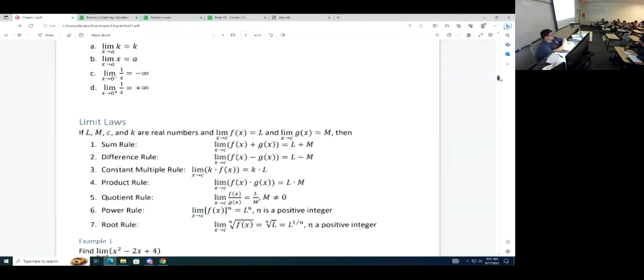If the function is just x, then the limit as x approaches a is just a. The limit of 1 over x as you approach 0 from the left is negative infinity, and if you approach it from the right, it's positive infinity.